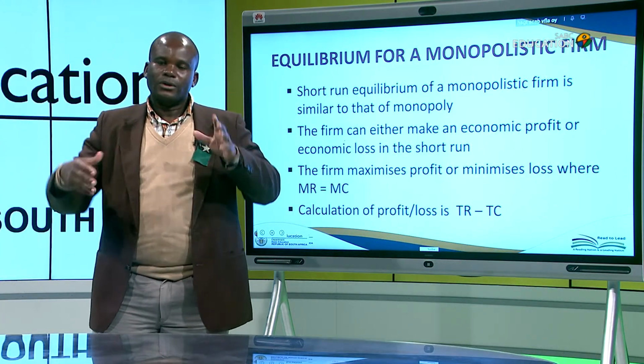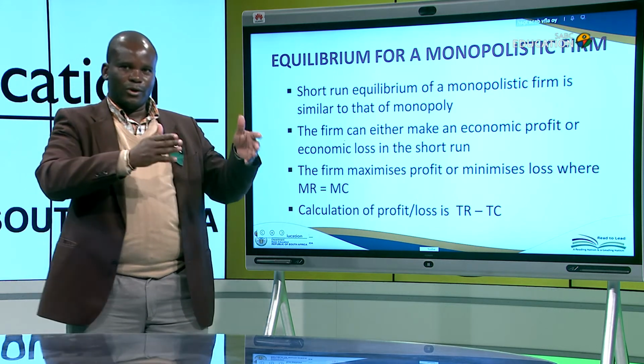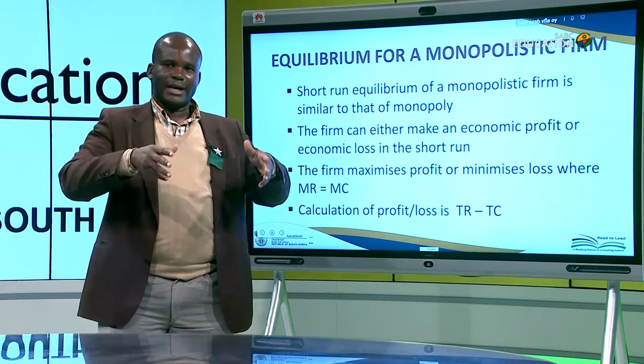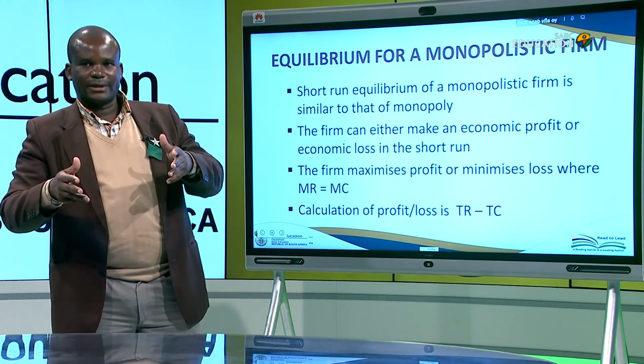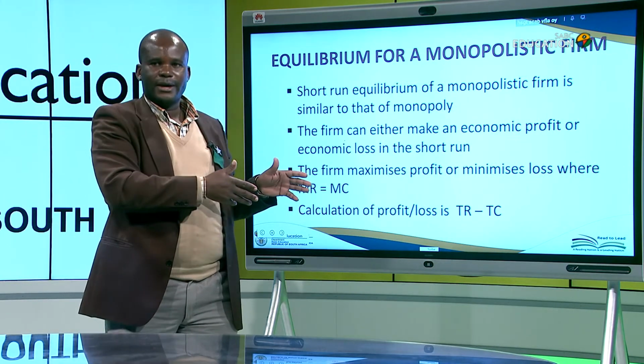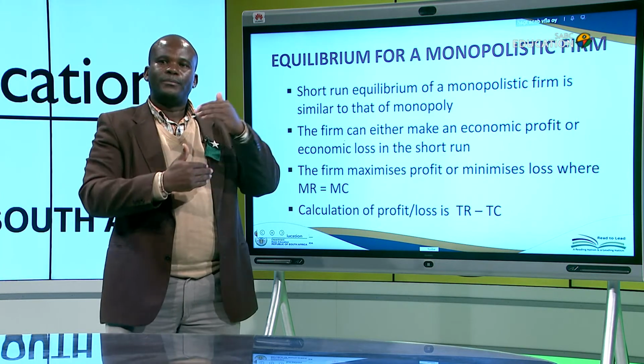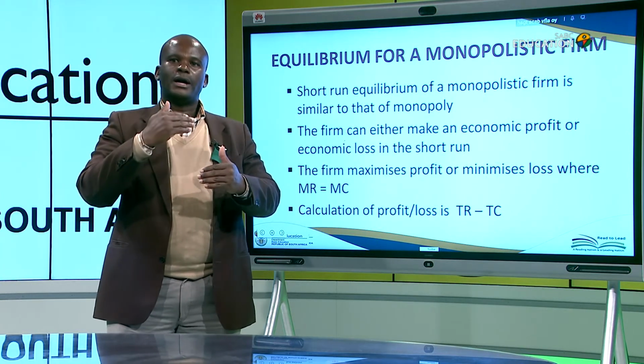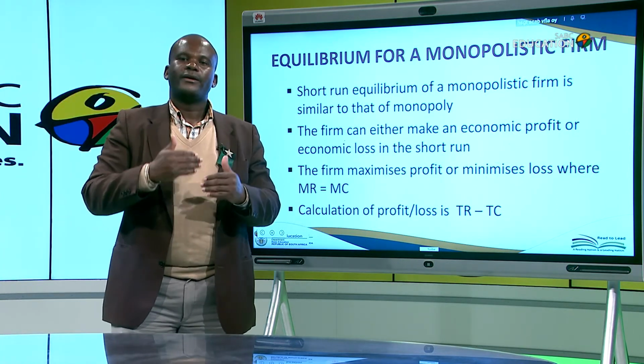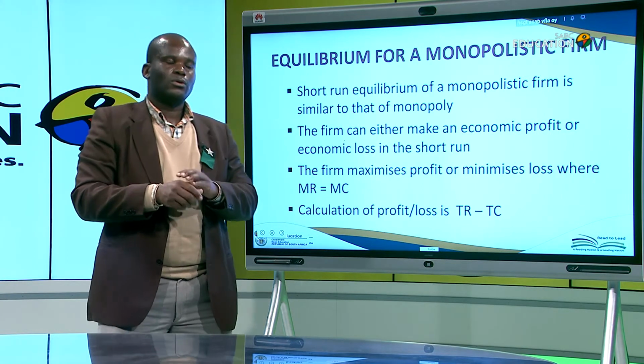Its profit. So the same analysis that we did under monopoly, what we also did under perfect market, we're going to apply it here to look at the equilibrium positions of a monopolistic firm, then we also extend to oligopolies.